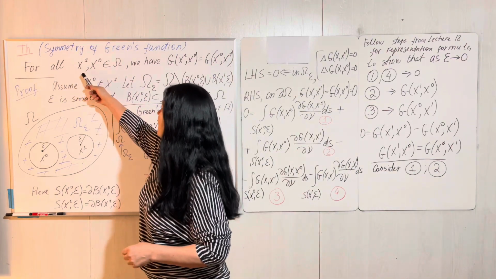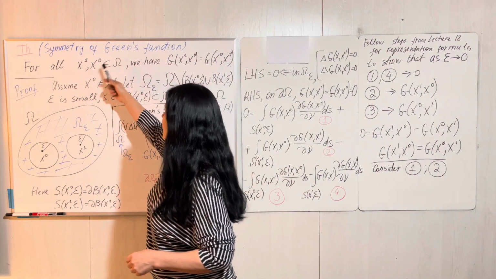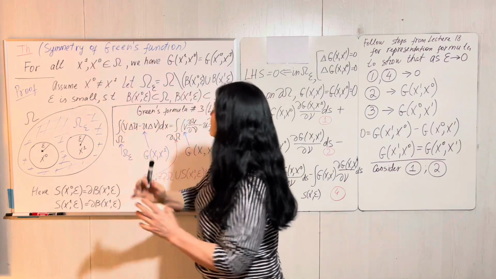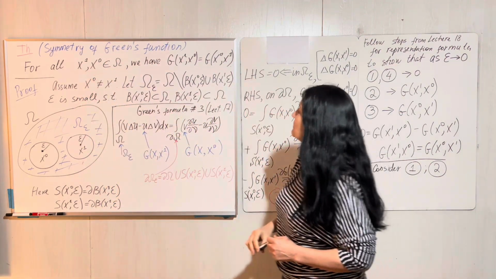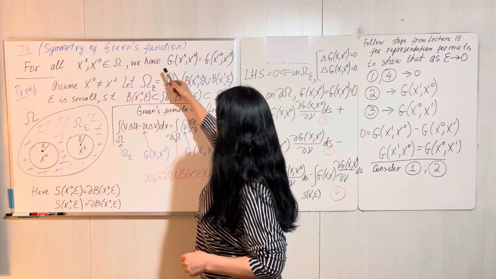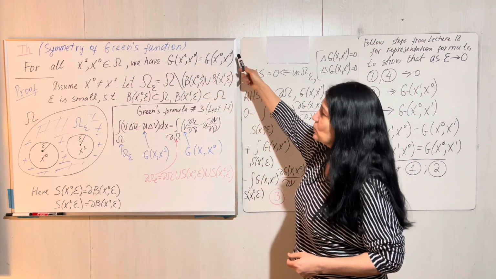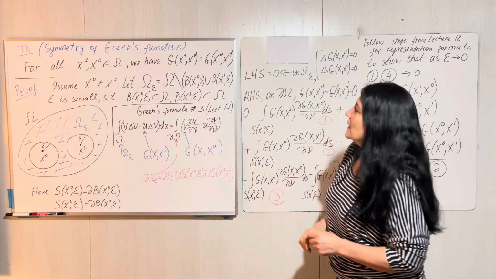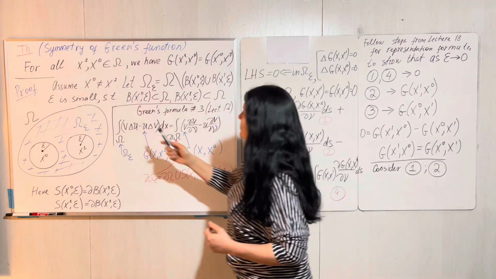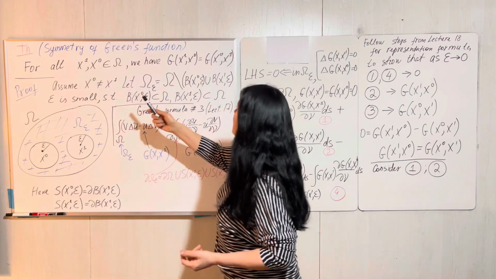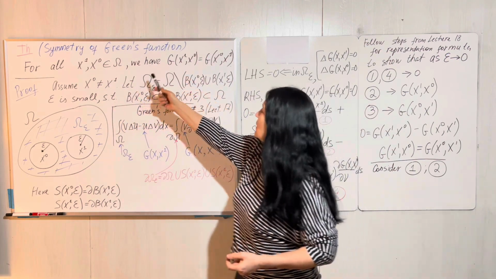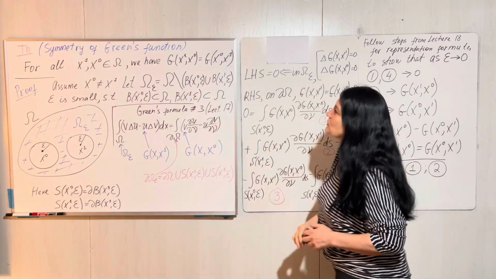So for all x1, x0 in omega, of course x1 and x0 are vectors, we have that g of x1, x0 equals g of x0, x1. Now assume that x0 does not equal x1, because otherwise there is nothing to prove.